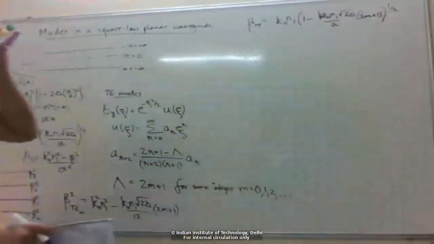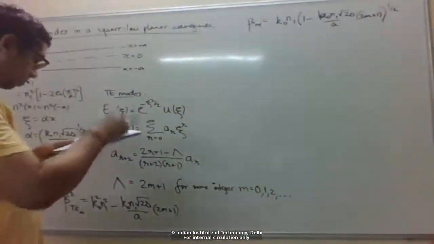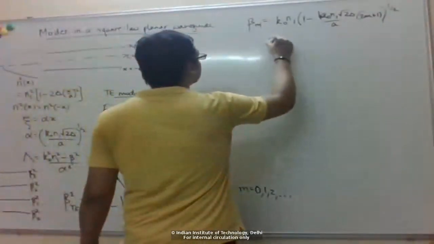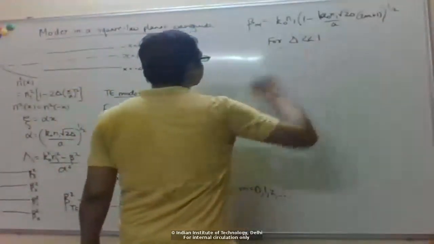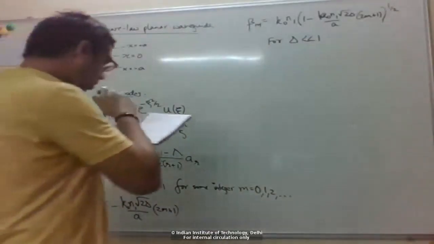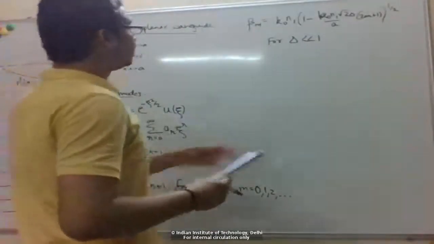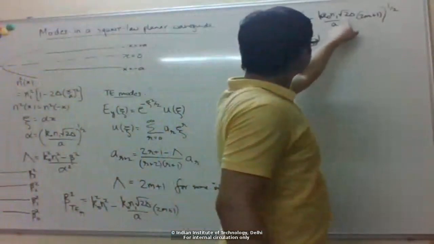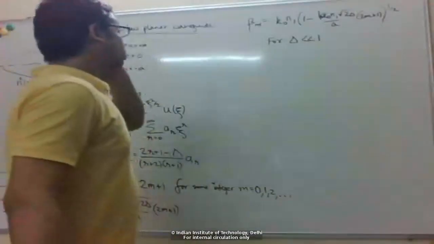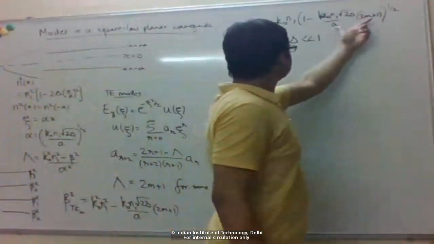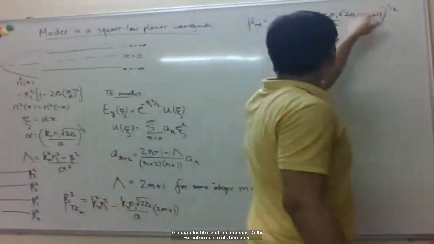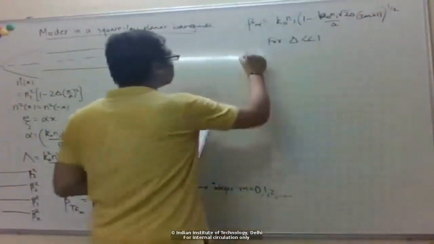And if we again consider the index contrast to be small, this term is much smaller than 1, because it is proportional to the square root of delta. So if delta is small, this value is quite small compared to 1, and we can do a Taylor expansion of this and keep the first order term.